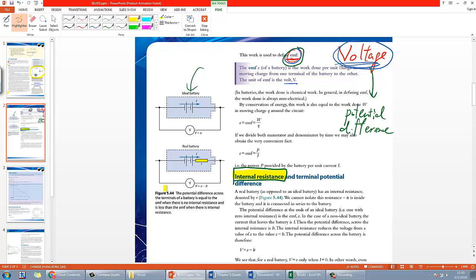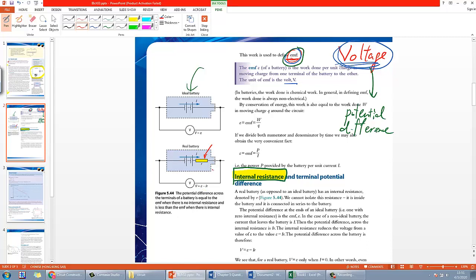Think about how people make a battery. Inside there must be some connection with some metal or other things, and that will surely take up some energy, and therefore there must be some internal resistance in it. So here in the picture, we draw a small resistor using a lowercase r to represent its resistance, and you can see it's embedded into the battery.